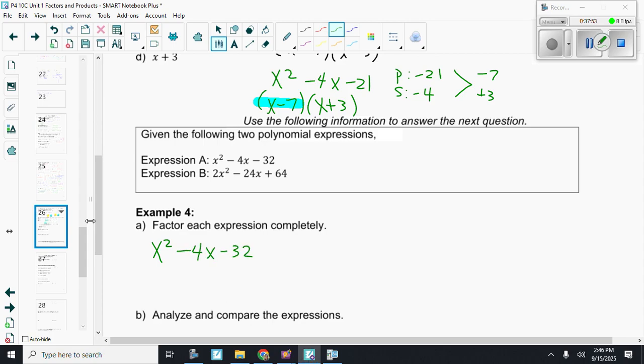We inspect. Can we do GCF? Nope. We have three terms, so we're going to be doing product sum, not grouping. So you're looking for two numbers that multiply to give negative 32 and add to give negative 4.